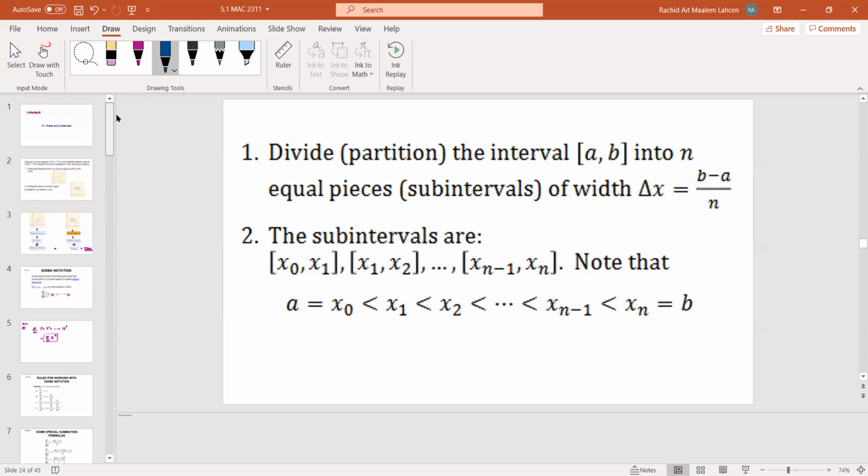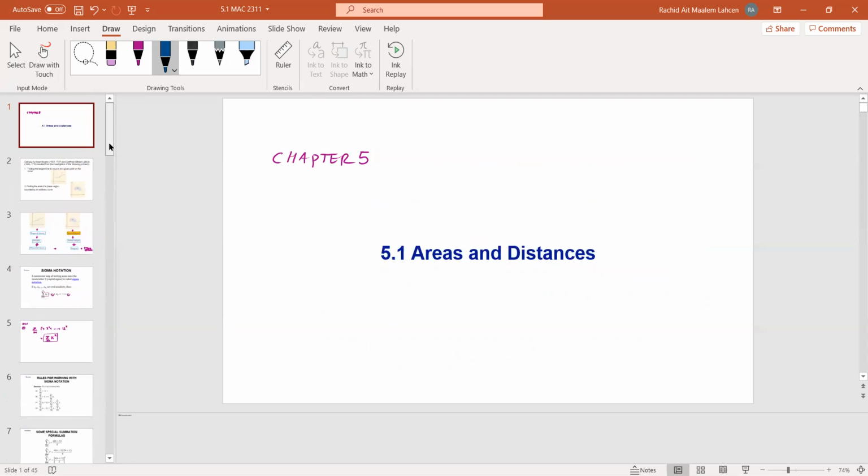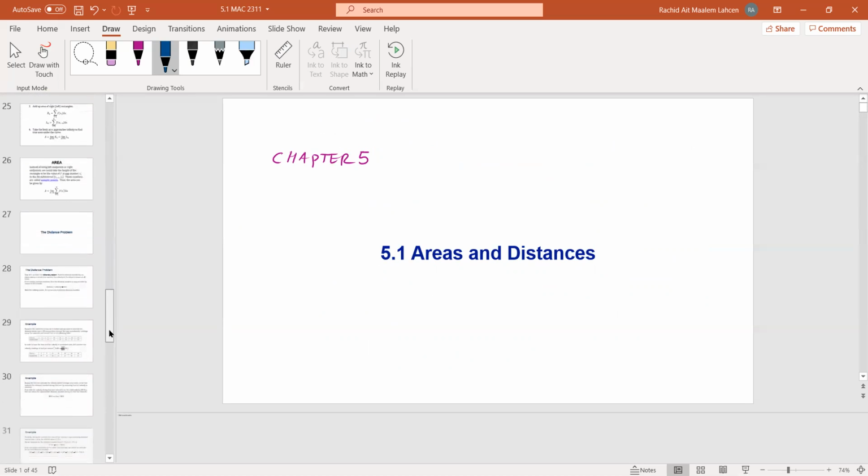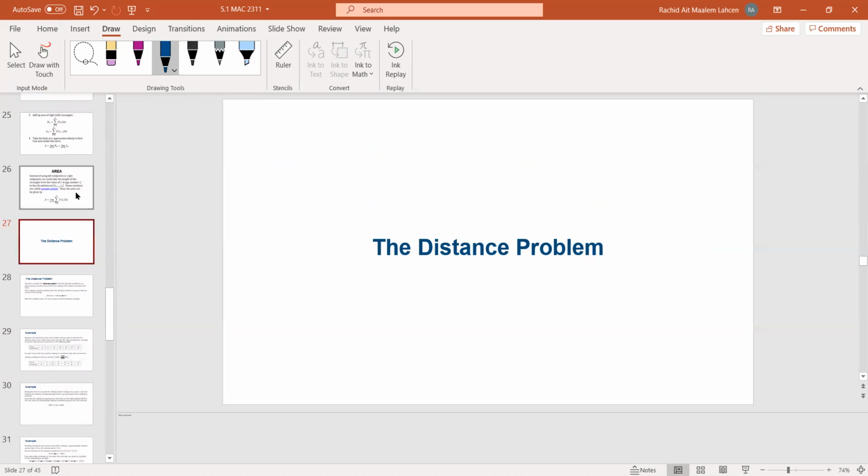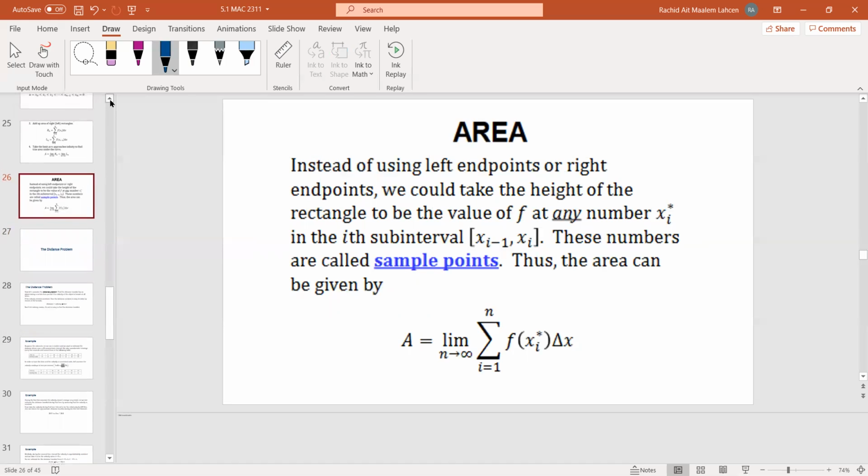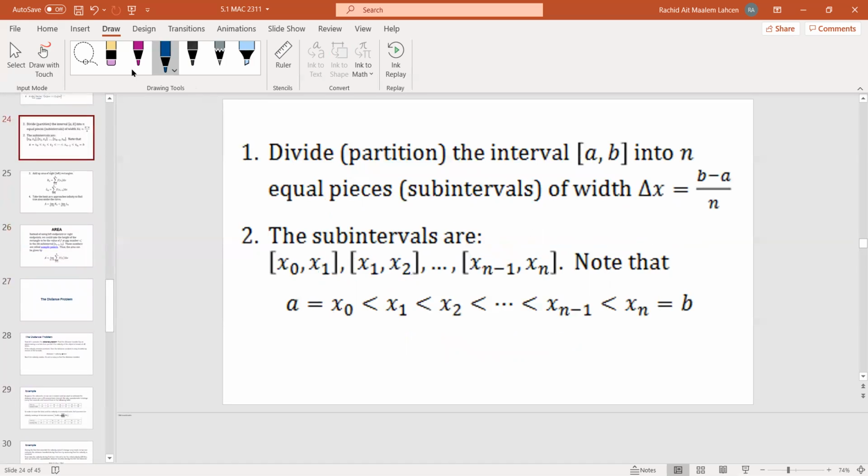All right, so in general, to solve this area problem, and we're going to talk about distance as well, you're going to divide or partition the interval AB that is given into n equal pieces.